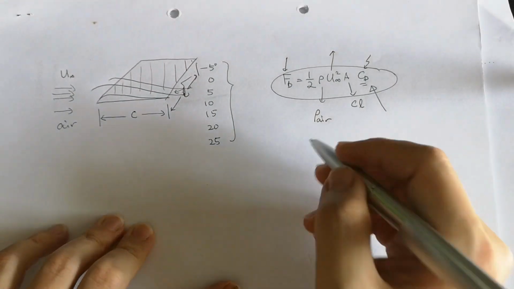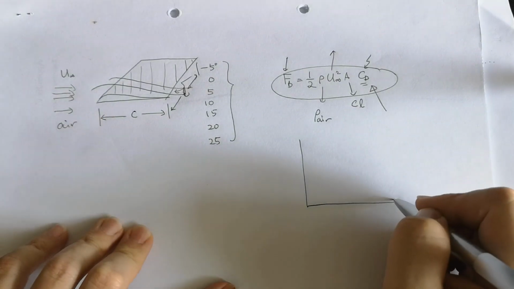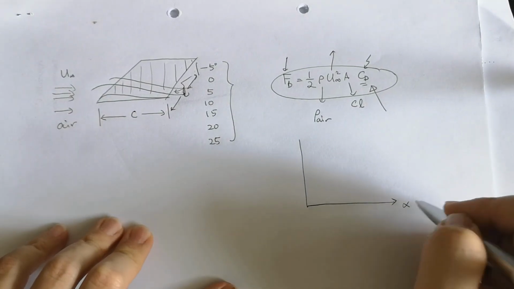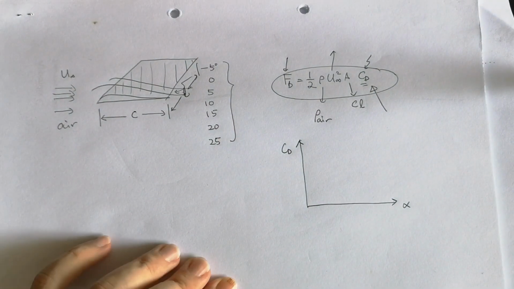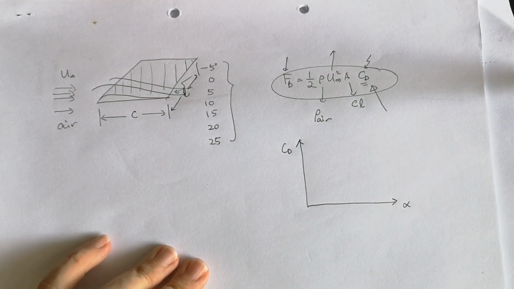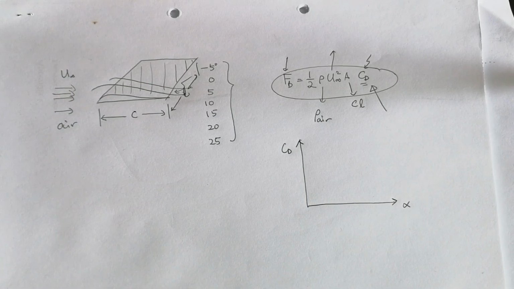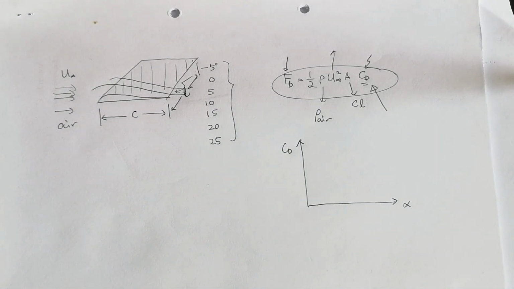After this, you are required to plot the angle of attack and the drag coefficient onto these two axes. So this is for the first experiment objective.